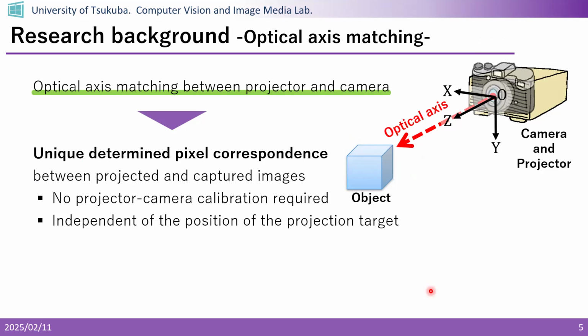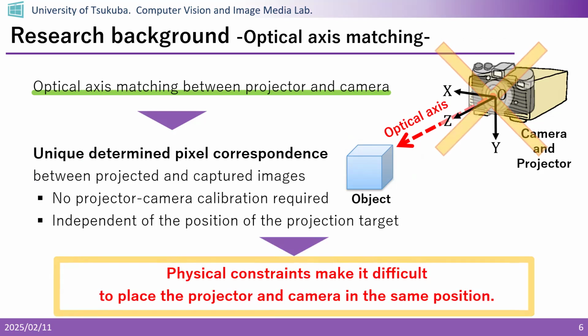No projector camera calibration is required in the projection scene, and it is independent of the position of the projection target. However, as shown in this figure, it is difficult to place the projector and camera in the exact same position.